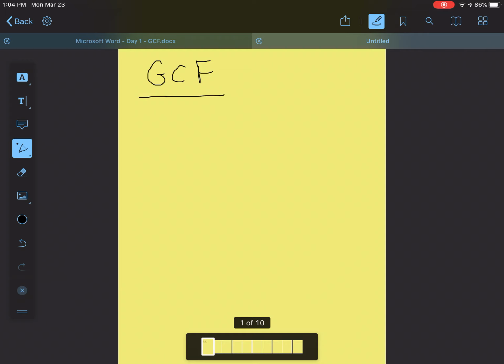So let's first just talk about finding the greatest common factor of two numbers. Let's say that I wanted to find the GCF of 8 and 36. What we would do first is list our factors of 8, meaning the numbers that multiply to make 8.